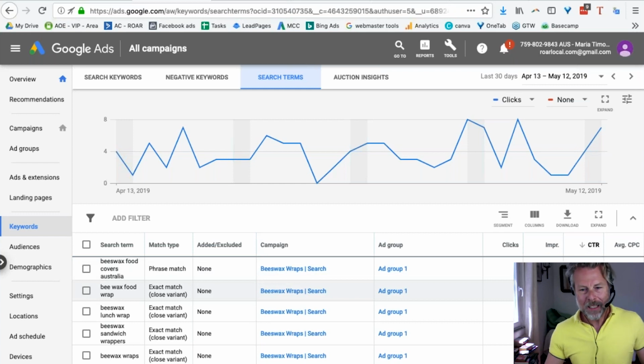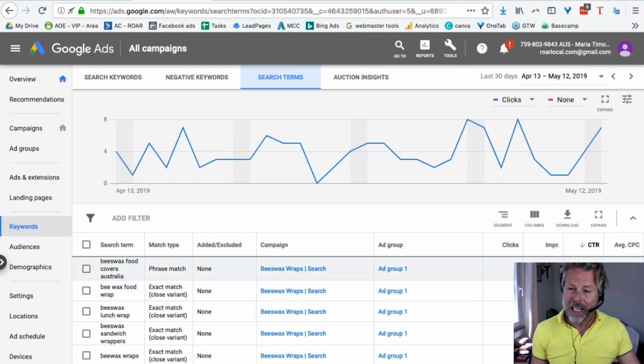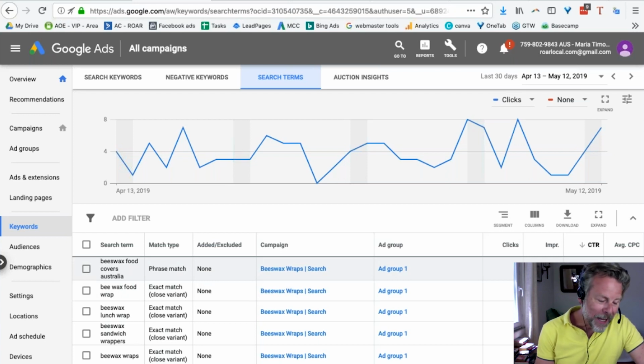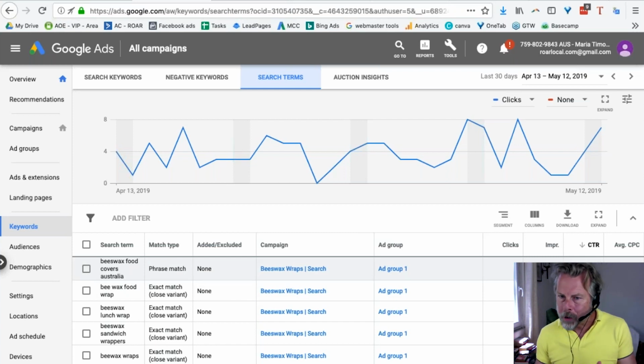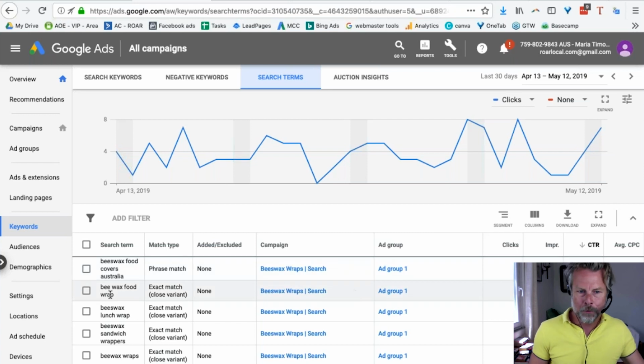Now, CTR, click-through rate, is the single most important metric at this stage of the game, because it tells you how much that keyword relates to your actual product and will probably result in sales of your product.